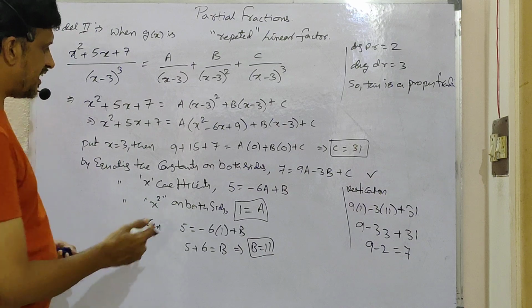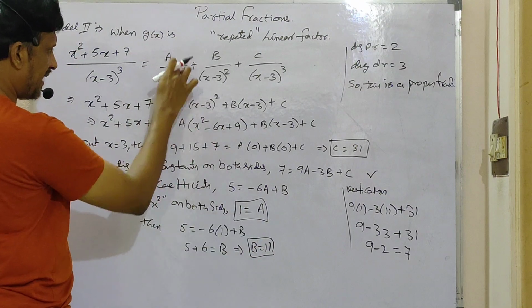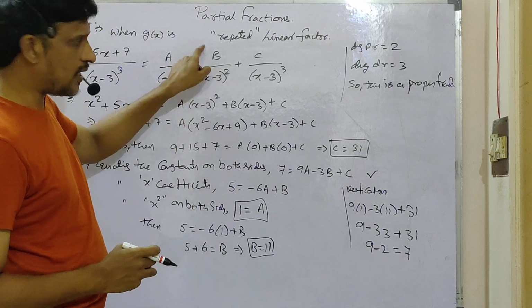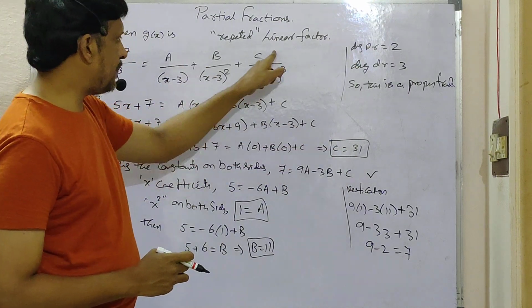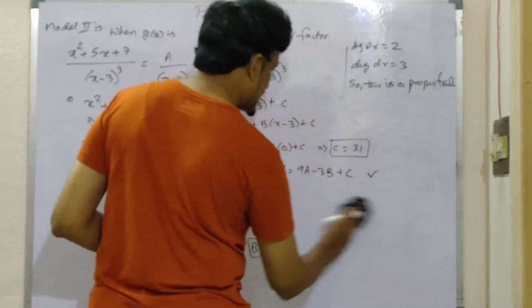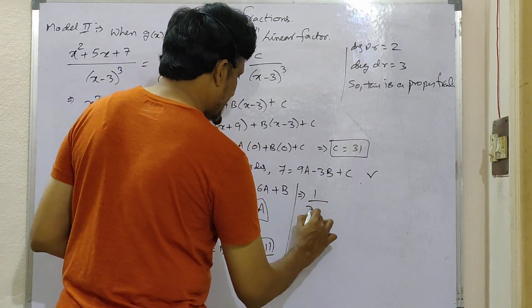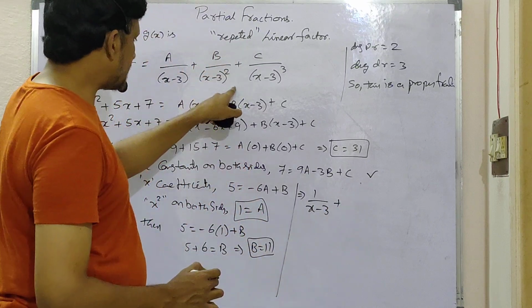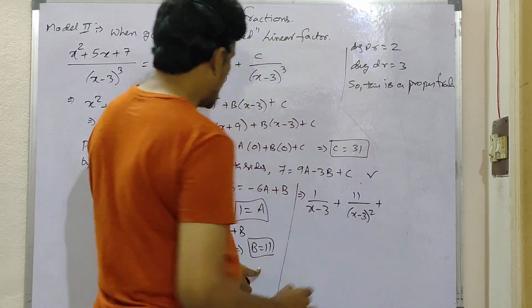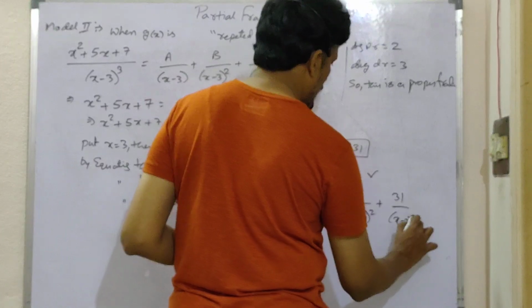And in the next step, simply we need to substitute. So the required result will be 1 by x minus 3, plus b by x minus 3 whole square, where b is 11, so 11 by x minus 3 whole square, plus c, that is 31 by x minus 3 whole cube.